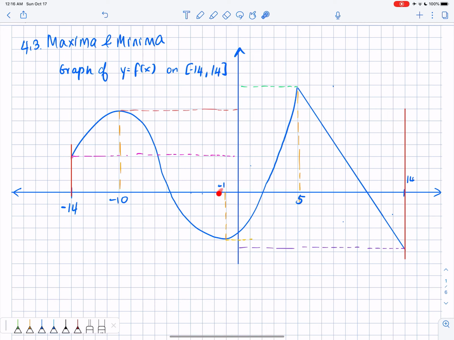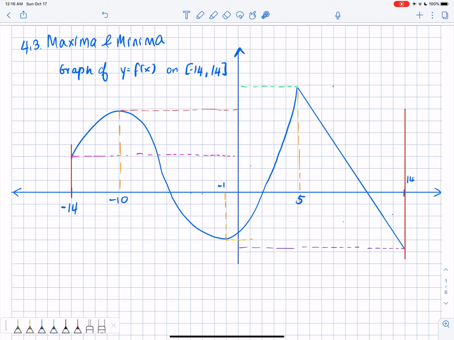Then I've marked this point negative 1. Same, it looks like the function value is the smallest in a small little interval around negative 1. I've marked 5. Same thing over there. And I've marked the other endpoint 14.